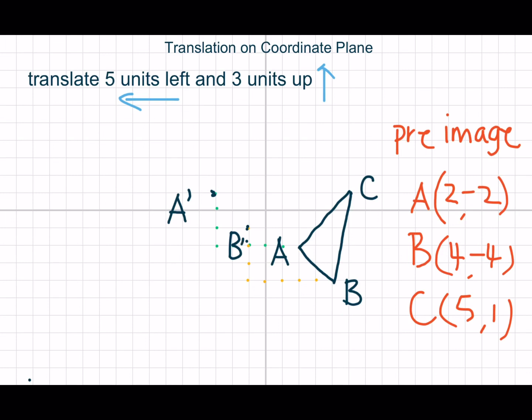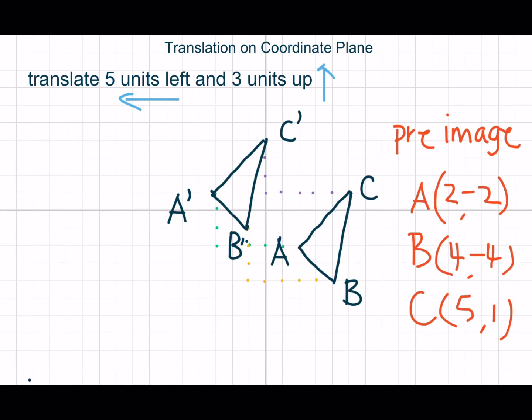All right, we're going to do the same thing with C. 1, 2, 3, 4, 5, left, 1, 2, 3, up. And then there is your point. Label it C prime. You have your 3 new points, connect them, and you have your translated shape. Okay, so you've just translated triangle ABC to become A prime, B prime, C prime.